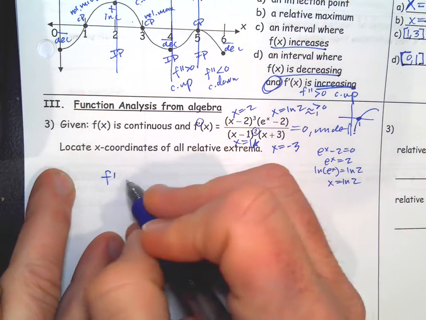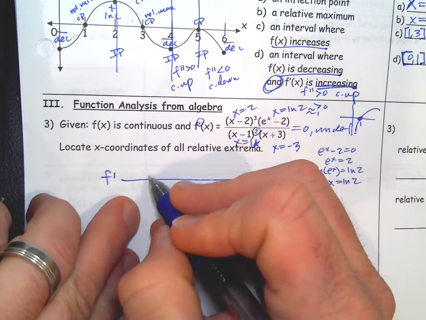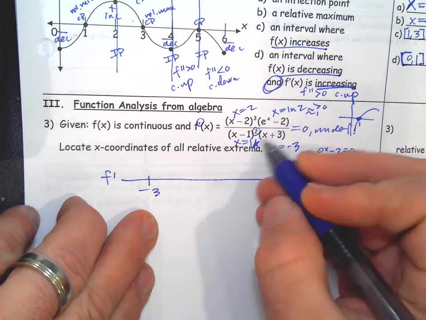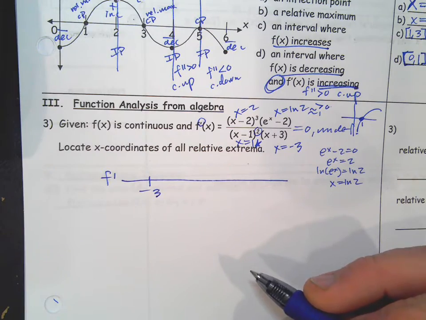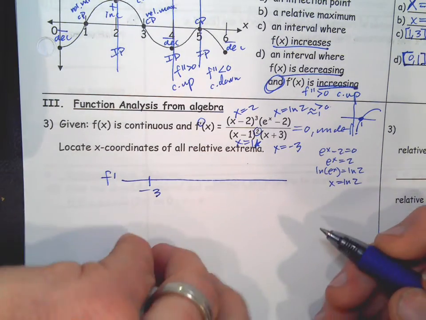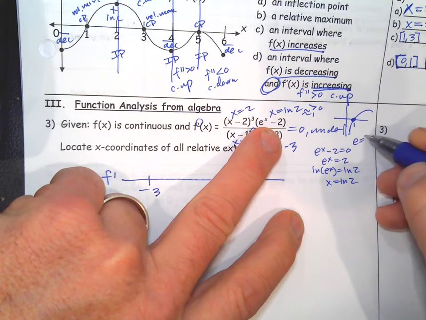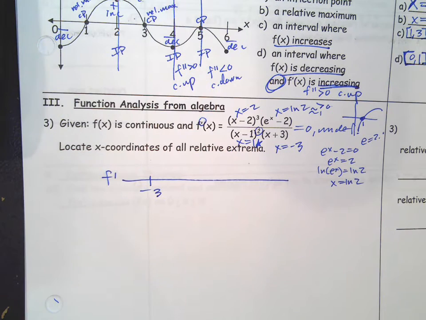So we're going to do a line check. Label your line check. Let's put everything on there left to right, smallest to biggest. -3. See, that's really close. You know what? What is E? E is 2.7 or something, right?